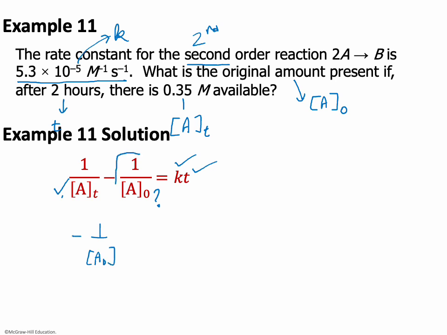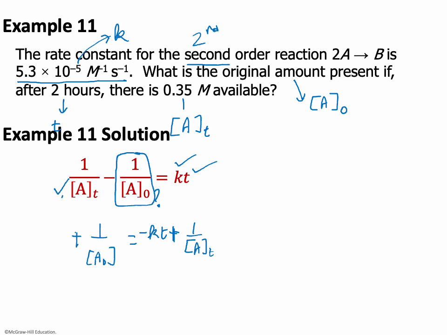So if I want to isolate this, I need to get rid of 1 over At. Because this is positive, I would add the negative of this, which means I have to add the negative of this here as well, which will be kt minus 1 over At. If I want to get rid of this negative sign, I would make this a plus, which would make this minus, and this would become plus.